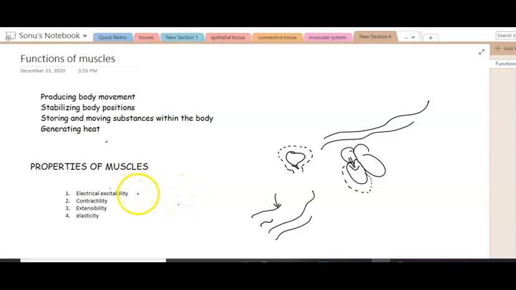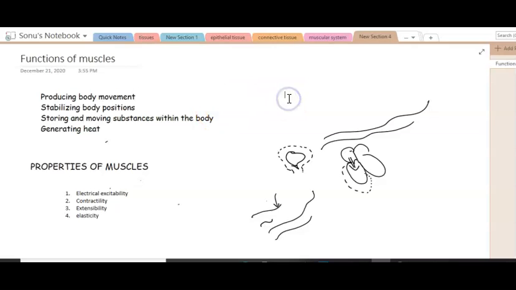Contractility means the force or tension produced in the muscle during a contraction, which makes the movement occur. Extensibility is the ability to stretch without damage. Elasticity means the ability to come back to its original position. So these are the properties of muscles.